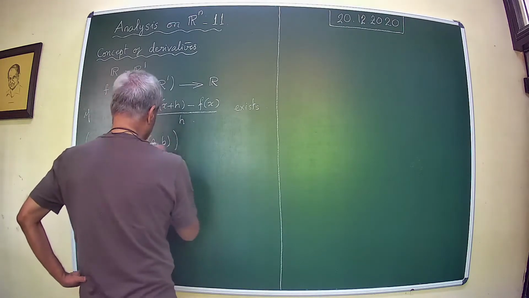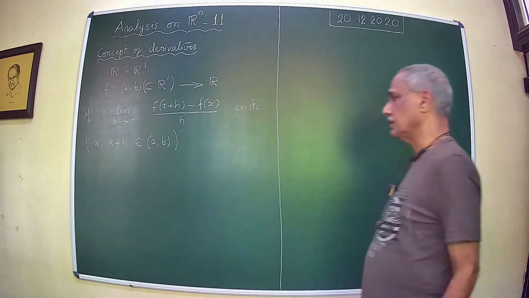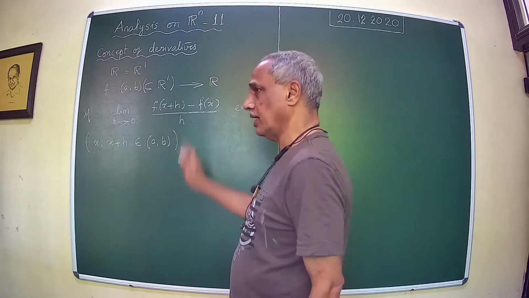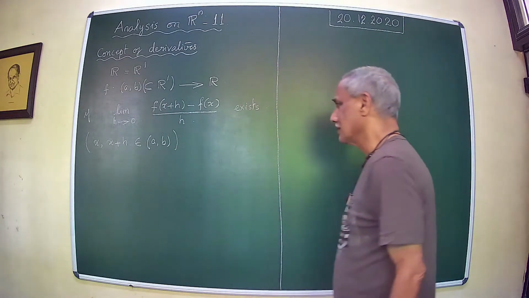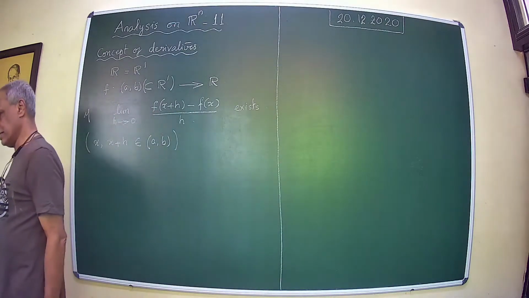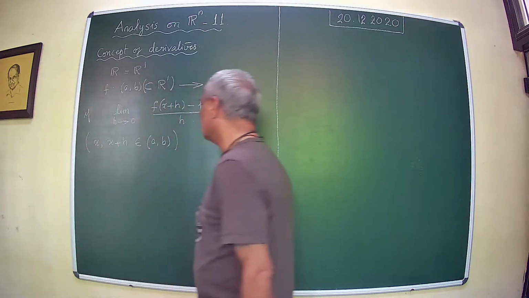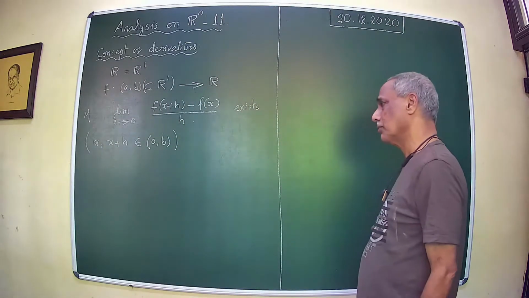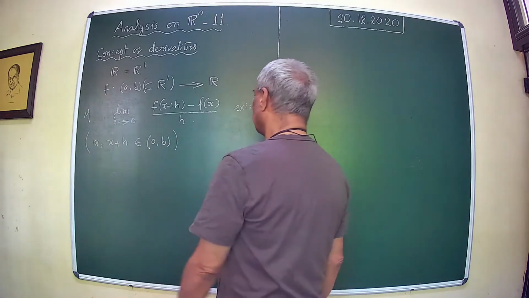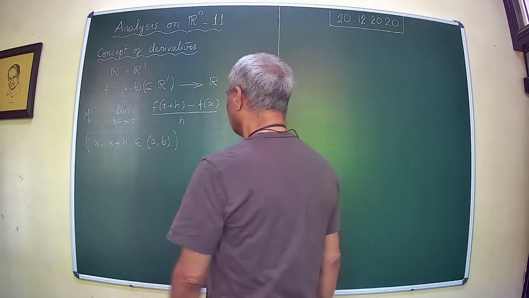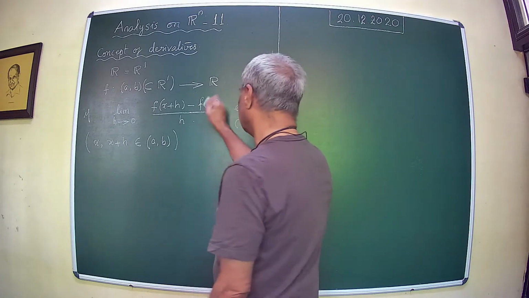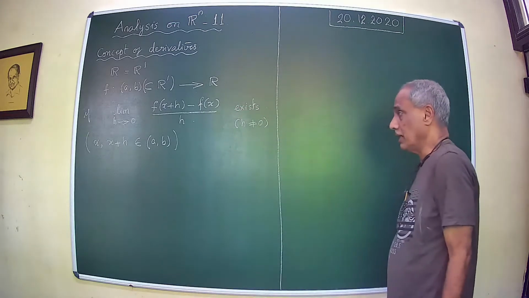This is the assumption that you have, so that f is defined there, and therefore this difference makes sense because they are real numbers. Now it can be divided by h because h is a number not equal to 0. So we let h tend to 0. Take h so that this division is very well defined.